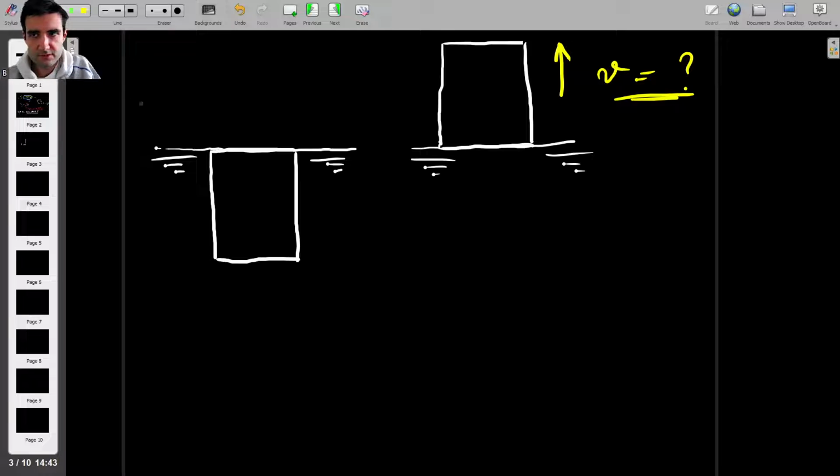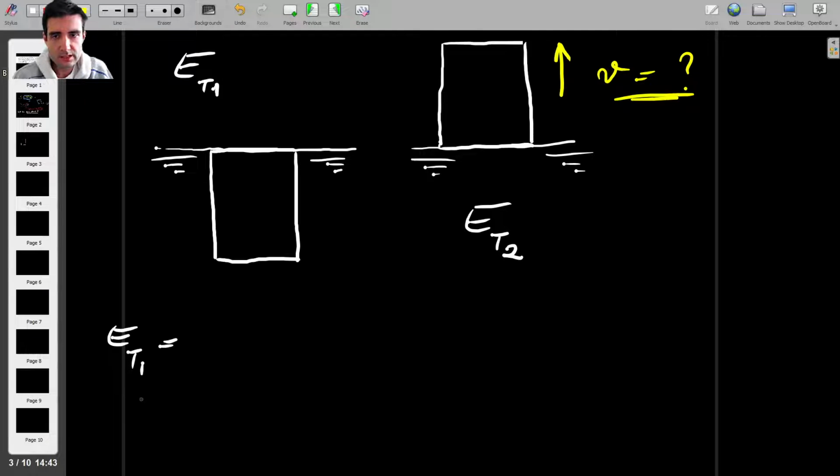So let's do a conservation of energy. We're going to say that the total energy in scenario 1 is going to be equal to the total energy in scenario 2. Now, the total energy in scenario 1 is based purely on elastic potential energy. So that's going to be 1/2 times K equivalent times x squared.